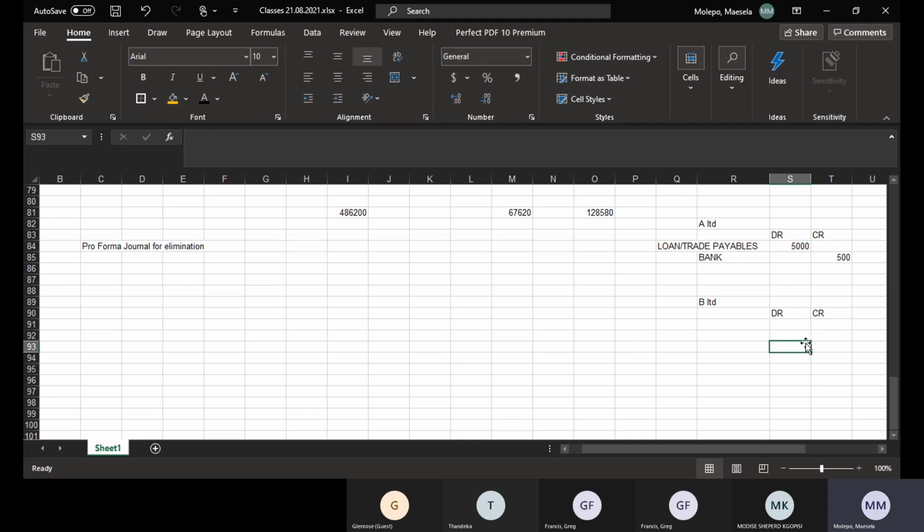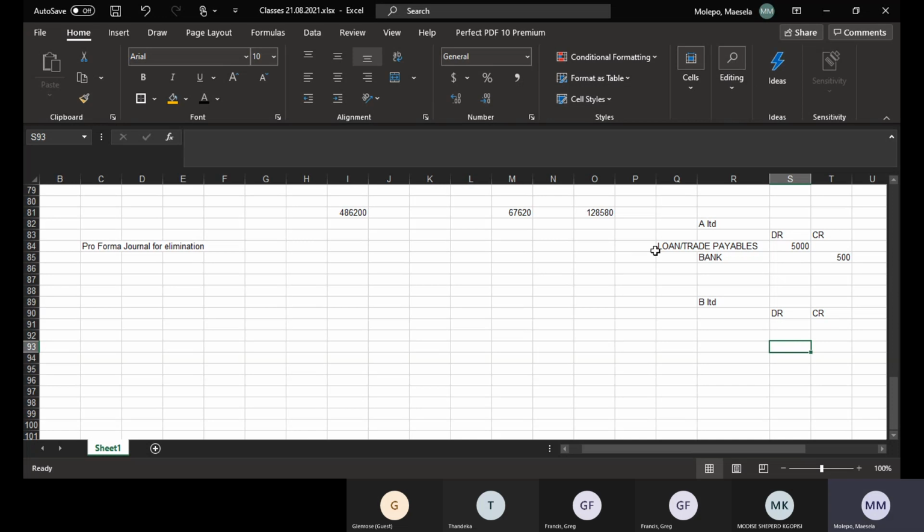B Limited is the one who paid. Let's see who is receiving what. On 29 June, B Limited repaid 5,000 of the existing loan from A Limited, and A Limited received this repayment on 3 July.